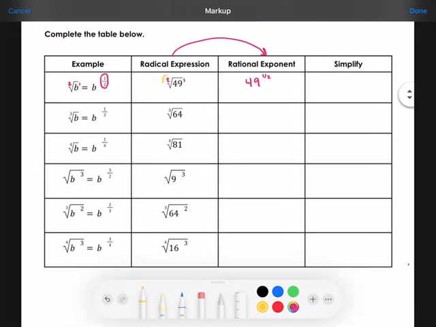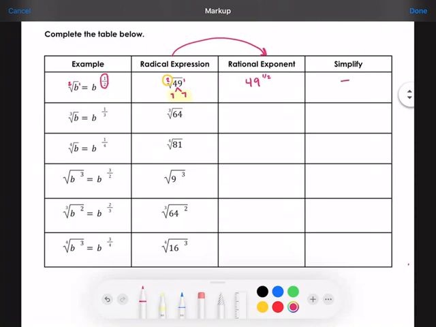Now, to simplify this, we're going to use the index to figure out what kind of groups we're making. Since the index here is 2, it means we're looking for groups of 2. So when I split 49 down into its factors, I'm looking for pairs of numbers. Well, I just happen to know that 49 is a perfect square, and it splits into 7 and 7, which means 7 times 7 equals 49.